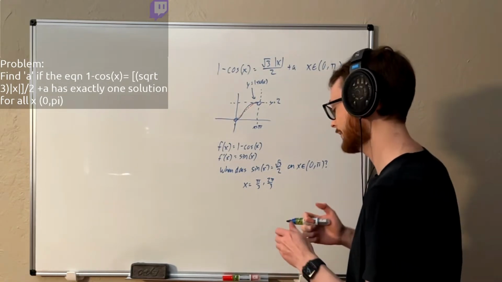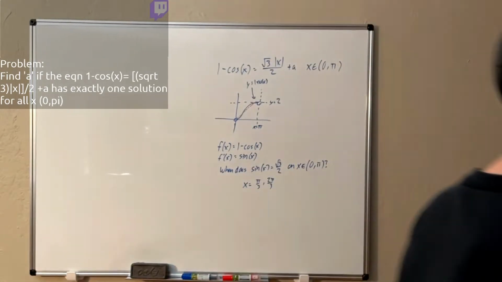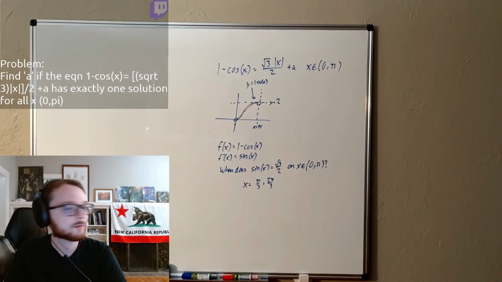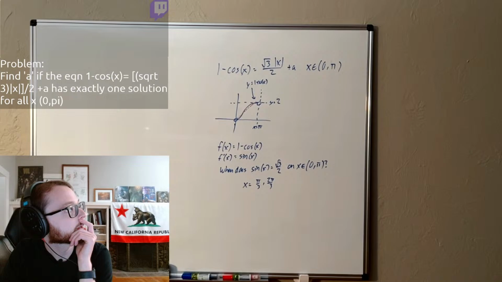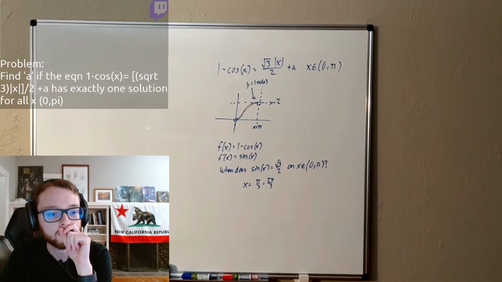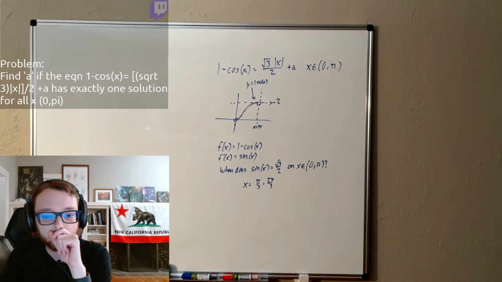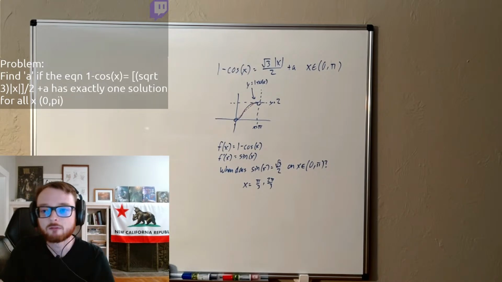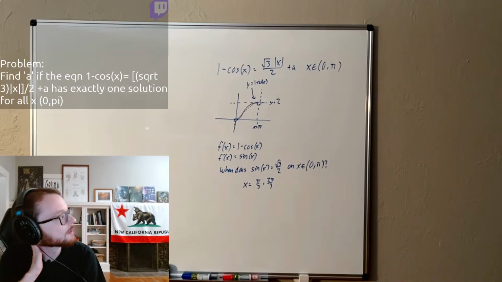Let me look up the unit circle, but I think it's 2 pi/3. Is 2 pi/3 outside the interval though? No, it's not. Yes. It is 2 pi/3. Okay. How do we know which one we want? Maybe it doesn't matter. Maybe they both work.